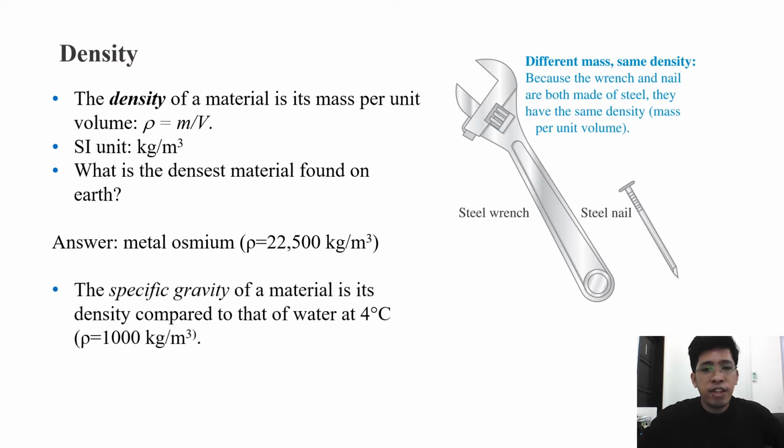The specific gravity of a material is its density compared to that of water at 4 degrees Celsius. So if you want to compare something with your water, which has a density of 1,000 kilograms per m cube, you can also use your specific gravity.